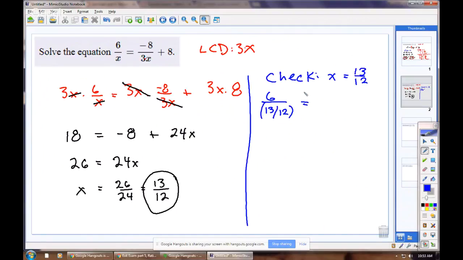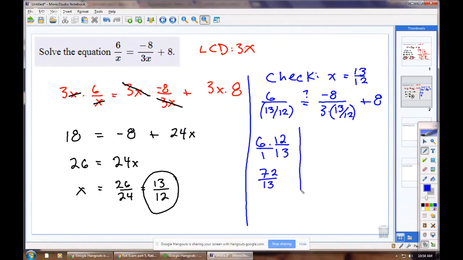And that's supposed to equal negative 8 over 3 times 13 twelfths plus 8. All right, so cleaning up the left side, if you divide by a fraction, that's the same thing as multiplying by the reciprocal. 12 thirteenths, and nothing cancels. 6 times 12 is 72 over 13.